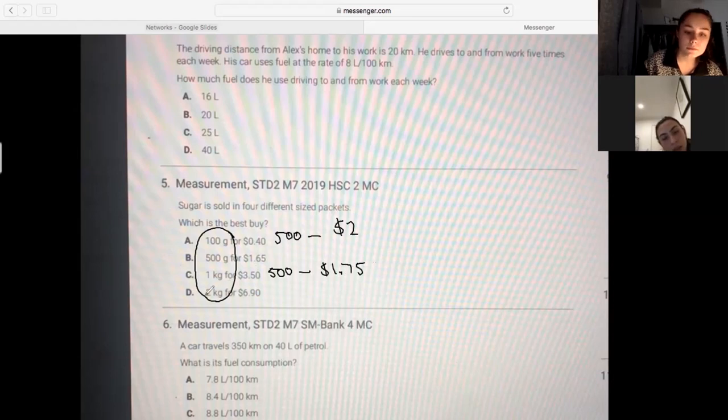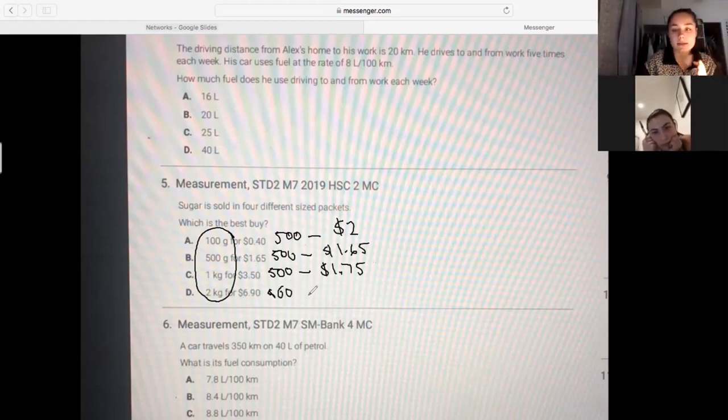I think. And then for D, wait, I'll just fill in B quickly. And then for D, I'd have to divide it by 4 to get to 500, because it's 2,000. So once I divide it by 4, I get 1.725.